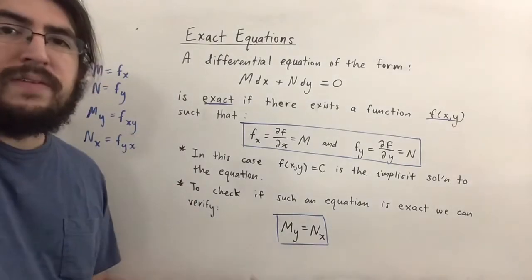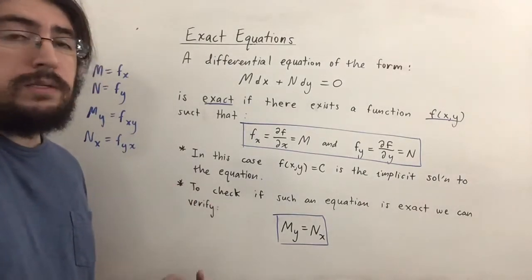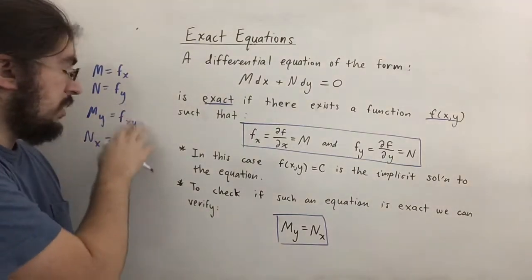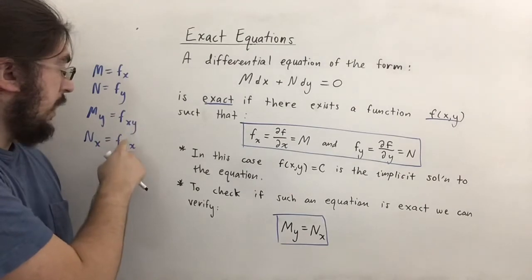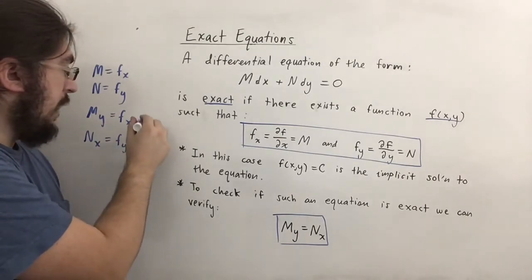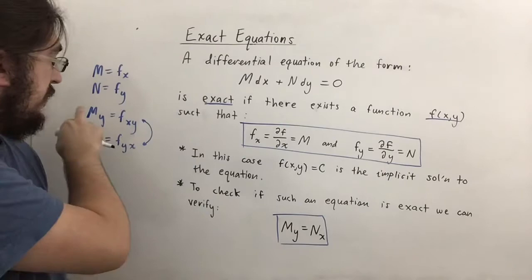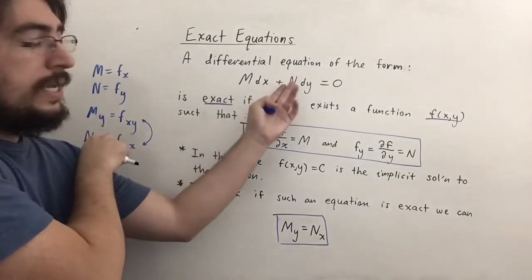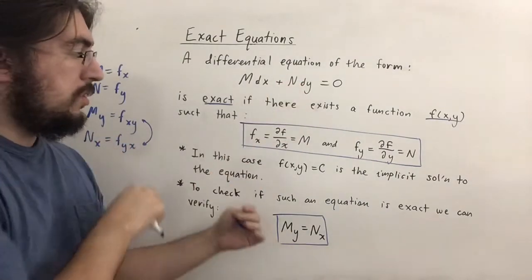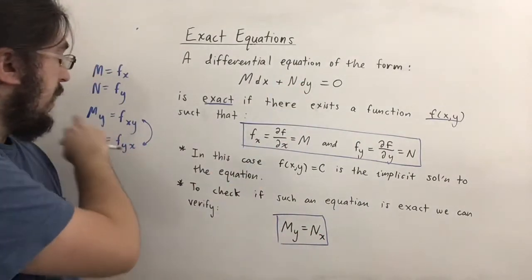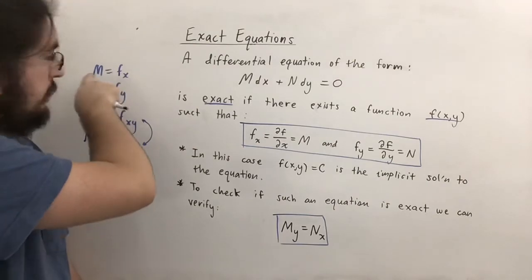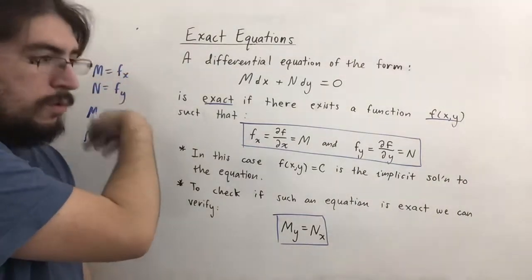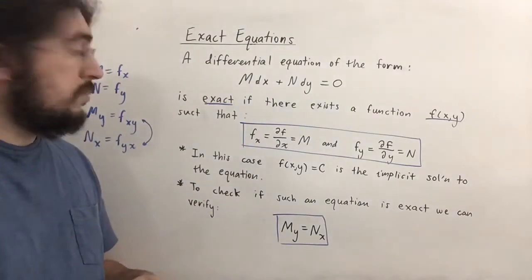Now there's some detail I'm leaving out, of course. If f is continuous over its domain, or wherever it's differentiable, then these two are actually the same. So if these two are indeed the same, and M sub y is equal to N sub x, then it must follow that M is the derivative with respect to x of some function, and N is the derivative of that same function with respect to y.